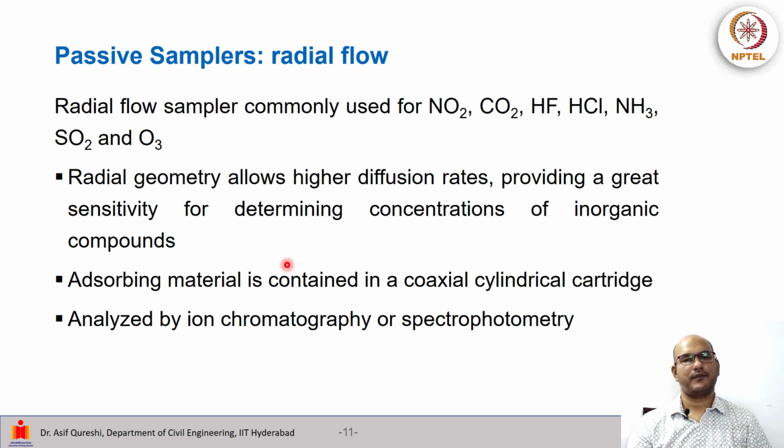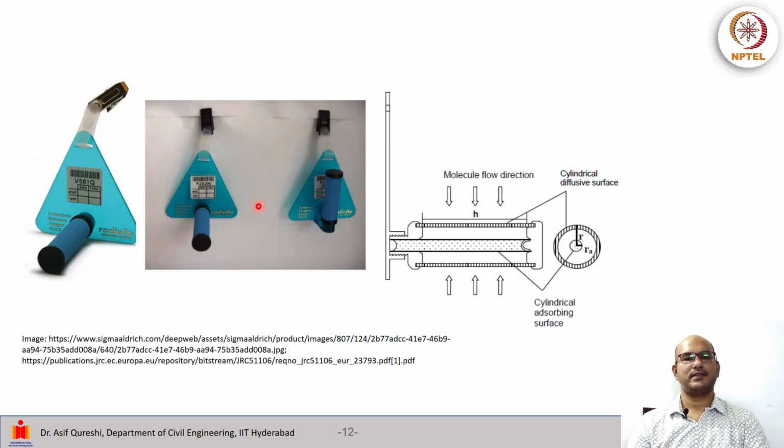In general, and we will see the sketch, the adsorbing material is contained in a coaxial cylindrical cartridge, and the extracted analyte can then be analyzed by ion chromatography or spectrometry or any other method, whichever is suitable for the analyte. So this is an example of how one such radial sampler may look like.